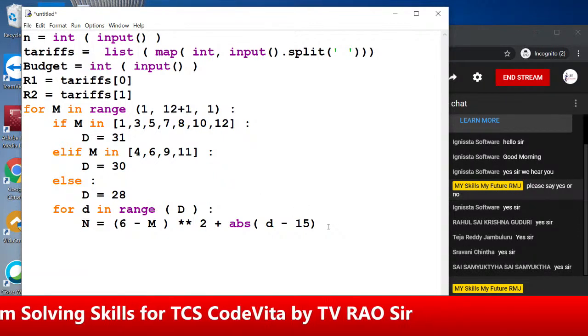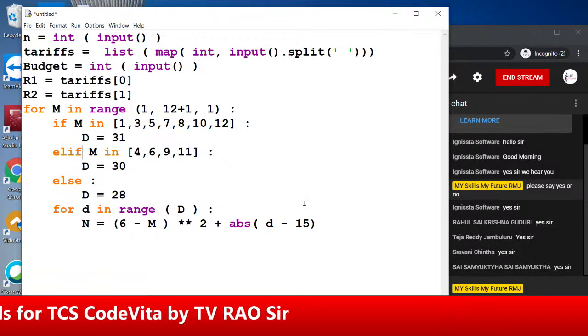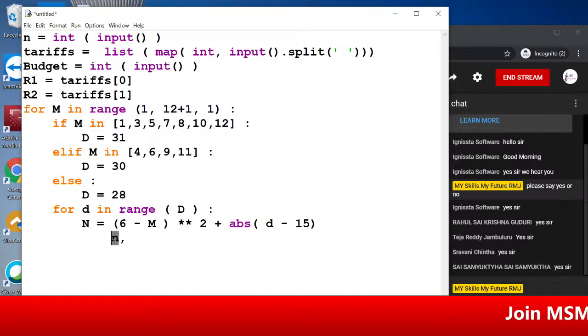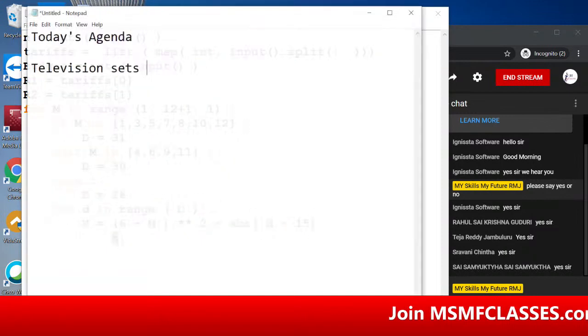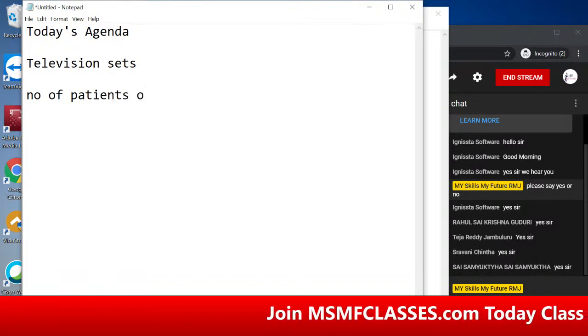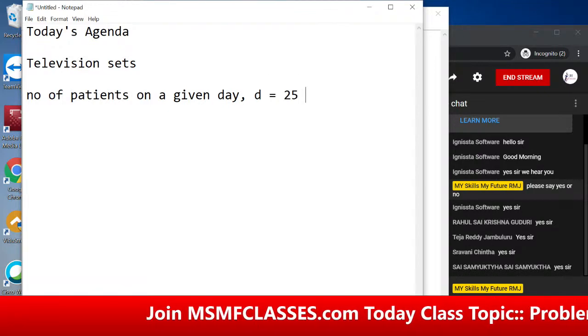Now, one important question: number of rooms are n. Number of patients on any given day is n. Now, we cannot accommodate more than n patients because the number of rooms are n. Is this clear? Can we accommodate more than n patients if number of rooms are n? Number of patients on a given day D is 25.